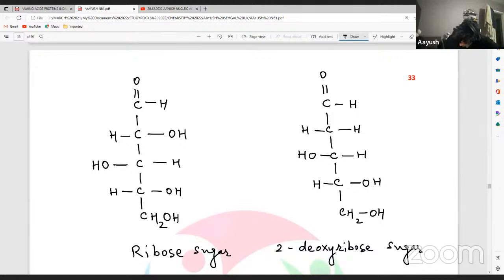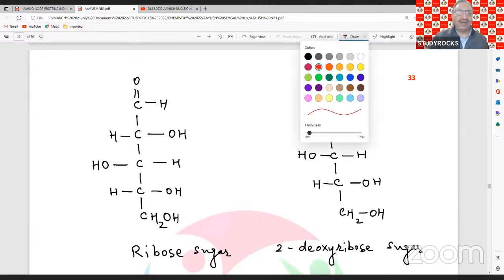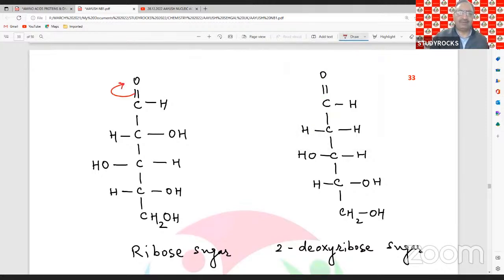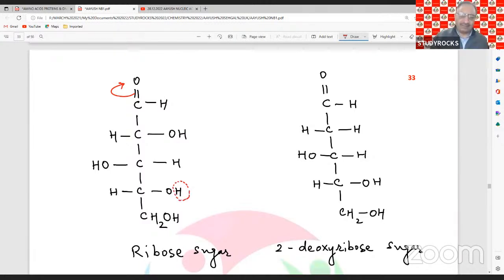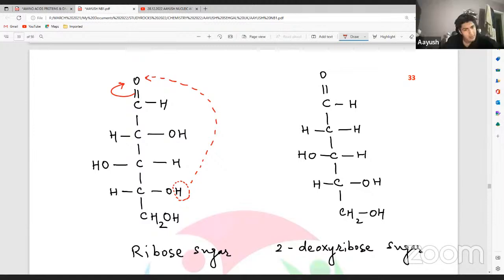We have done glucose. It's on the parallel lines. Now what you do, you make a ring of it. How? This pi bond shifts towards oxygen. Look at the screen. Pi bond shifts towards oxygen. And then oxygen from the second last carbon. So this hydrogen from the second last carbon goes to O. Just as in glucose.